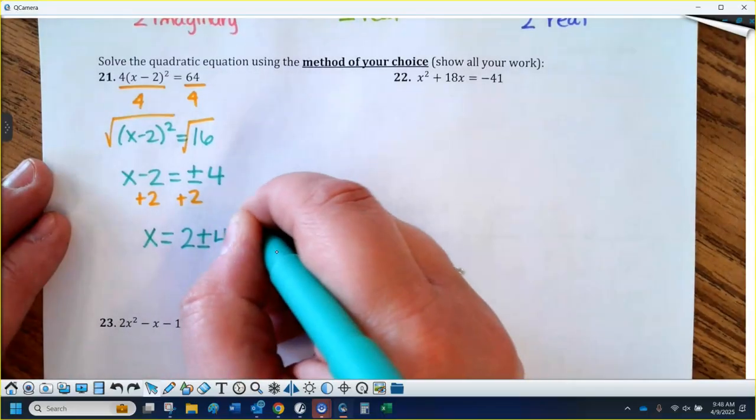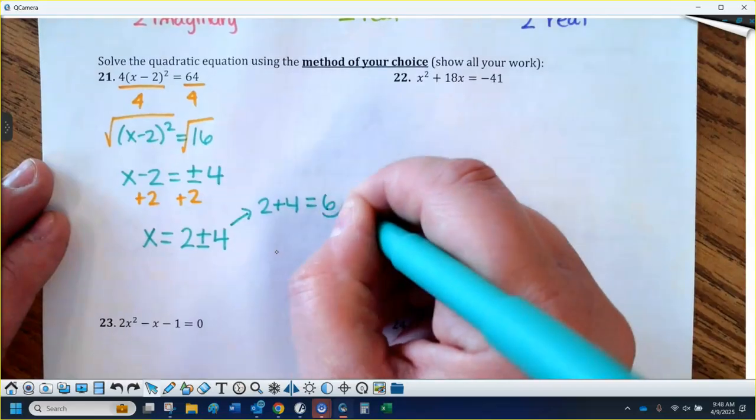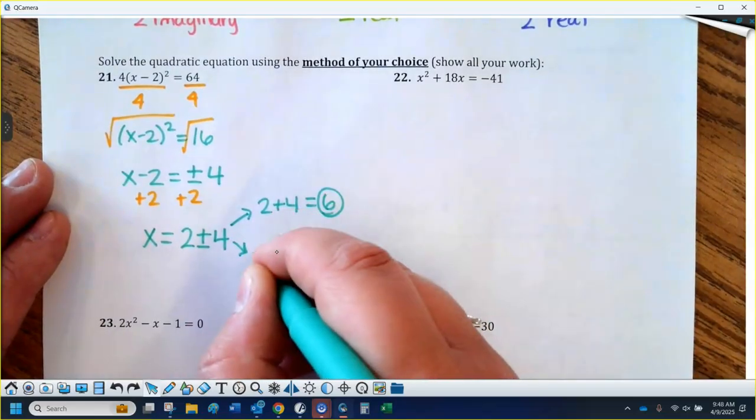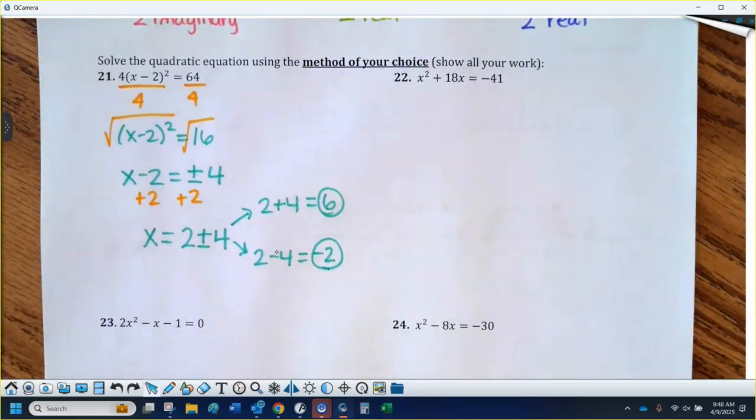So I want to actually do 2 plus 4, because I can do 2 plus 4, right? It's just 6. And I can actually do 2 minus 4, it's just going to give me -2. So if you can actually simplify it, if you don't see an I and you don't see a radical, then you can take it a step further and actually get the 2 separate answers. Is anybody having a question?